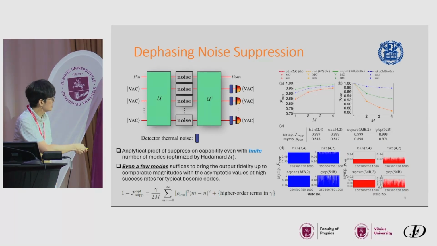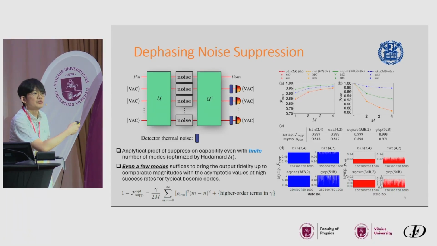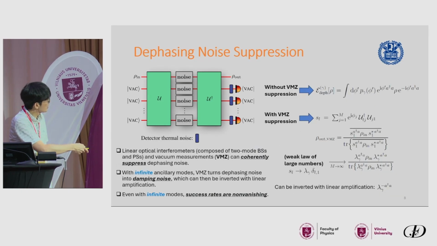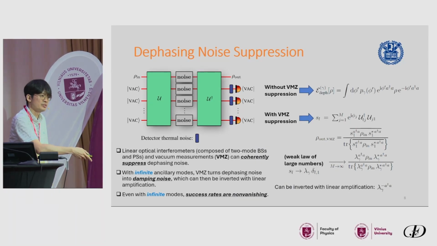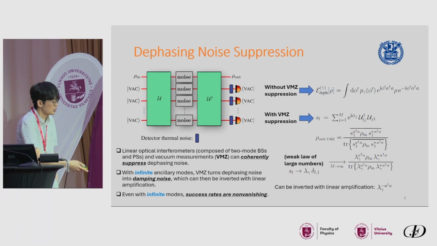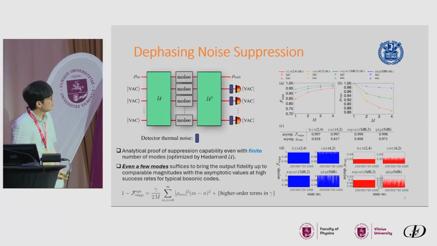For finite M, we showed that M equals 2 is sufficient to have significant suppression of dephasing, but it's not exactly going to the mixture of damping noise effect. So you need more. Maybe you don't even need an infinite number of ancillary modes. Just sufficiently many would be enough. Okay, great. Thank you very much.